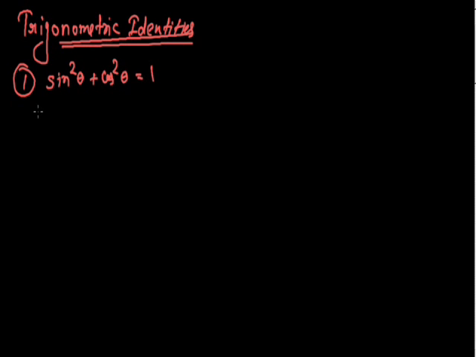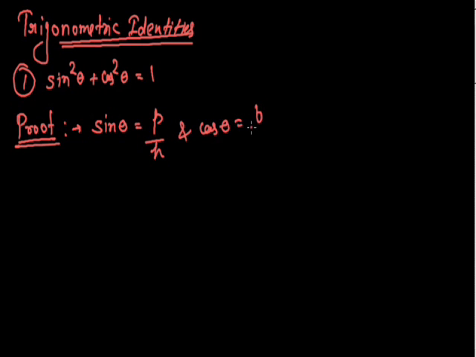To prove that identity, as we know the trigonometric ratio sin θ is equal to perpendicular upon hypotenuse and cos θ is equal to base upon hypotenuse.